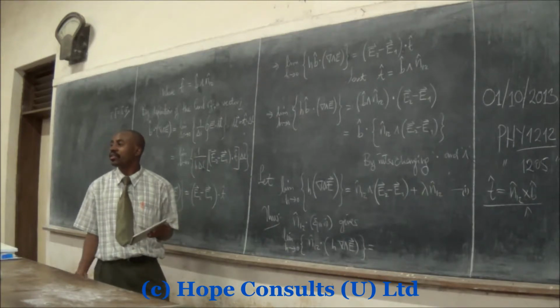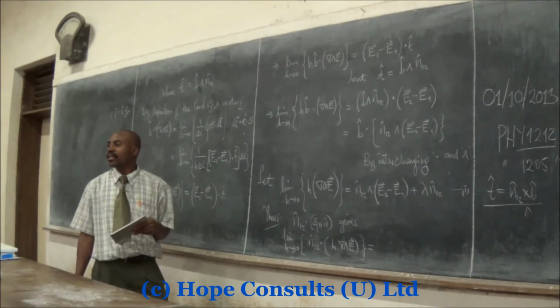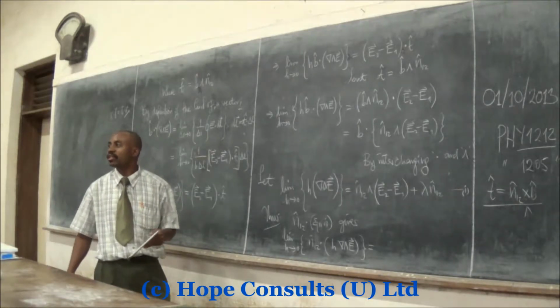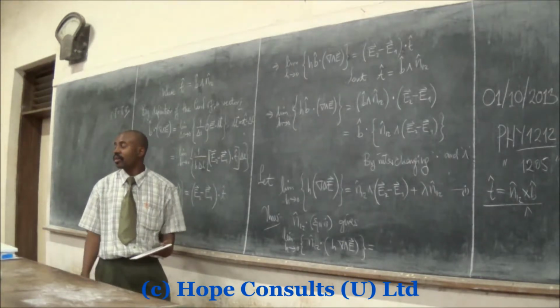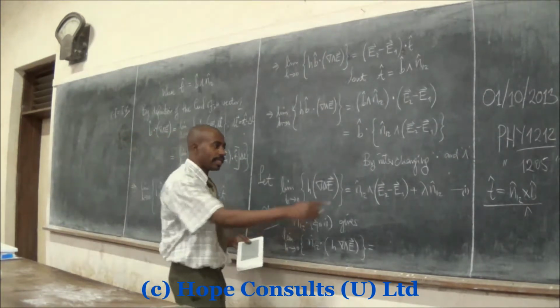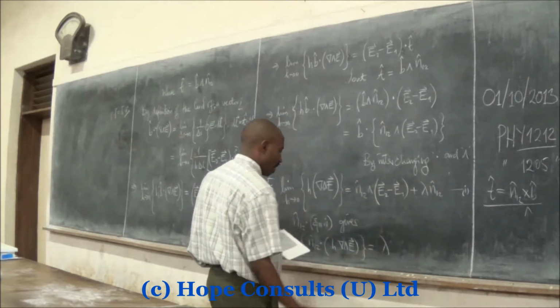The magnitude is 1, 1. Then the cosine of the angle between them, they are parallel to each other, N12 is parallel to itself. The angle is 0, so you will end up with 1 times lambda.